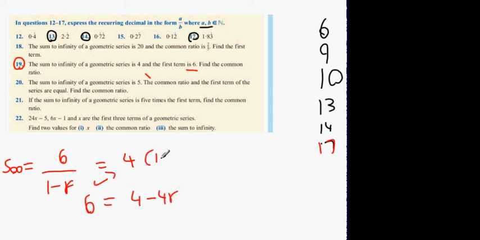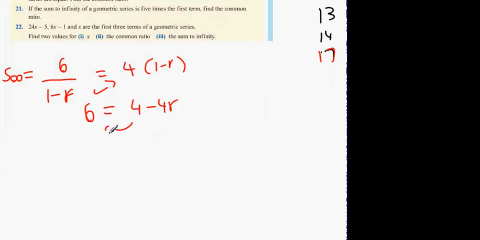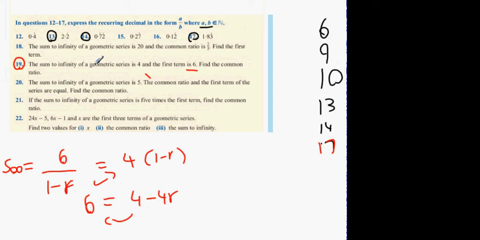Multiply up by 1 minus r. Then bring the 4 over the other side, and we're going to get 2 equals minus 4r. Divide by the minus 4, r equals 2 over minus 4, r equals minus a half. Okay, so that's r equals minus a half, the common ratio.